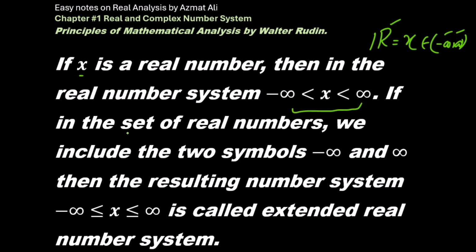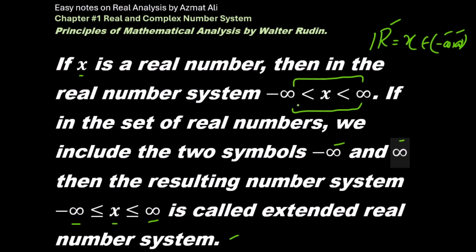If to the set of real numbers we include the symbols minus infinity and plus infinity, then the resulting number system becomes a closed interval: minus infinity less than or equal to x less than or equal to positive infinity. This real number system is actually called the extended real number system. So the only difference between the real number system and the extended real number system is that in the real number system, your real number lies between these two symbols minus infinity and plus infinity, and these two symbols are not included.